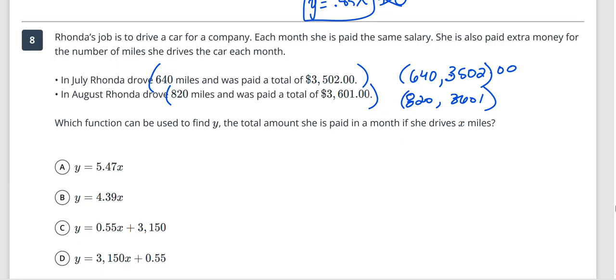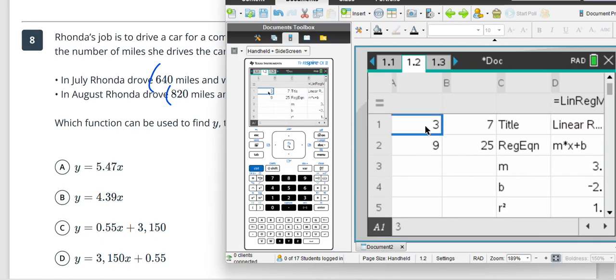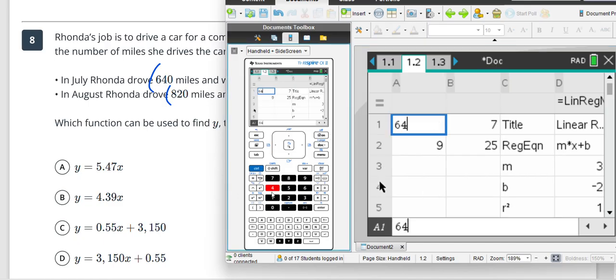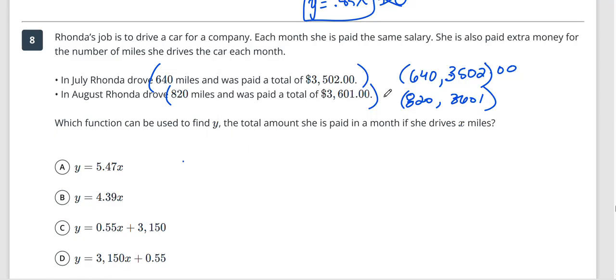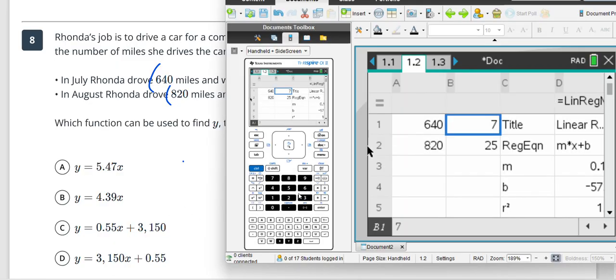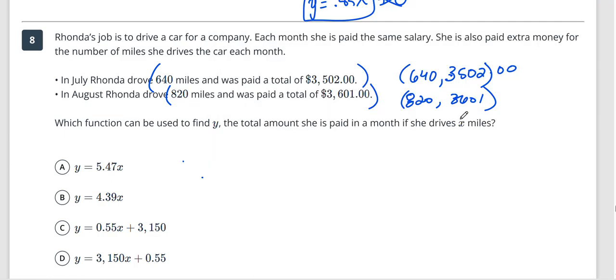I'm going to come back to the calculator, and I'm actually going to go back to the one I have already and look at the numbers. I see the numbers right there. 640. 820. Come back over here. 3,502. 3601.